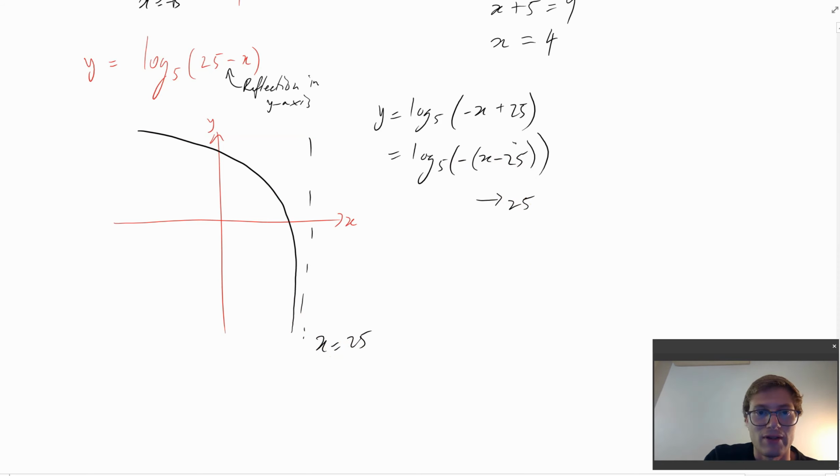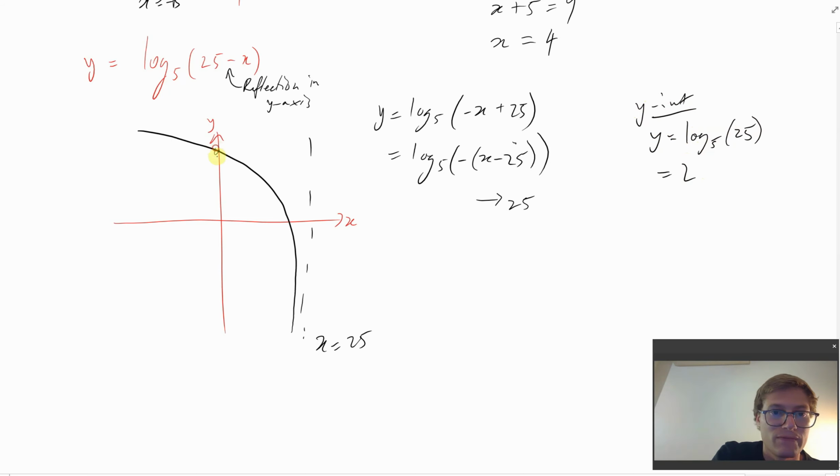So we've got to find the x-intercept and the y-intercept. First we'll find the y-intercept. So that's when x is 0, which is log base 5 of 25, and that's 2, because 5 squared is 25. So y-intercept up here is 2. Now we'll try and find the x-intercept.